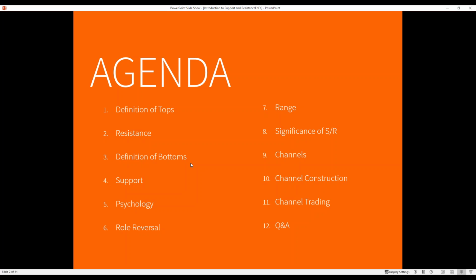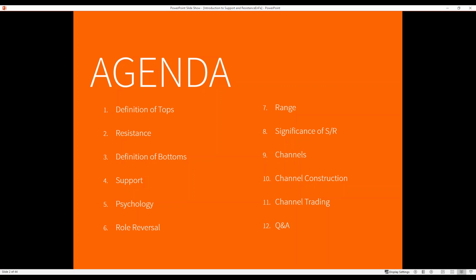Let's go through the agenda for today. A lot of people ask me how to identify a top and a bottom. And this is what we're going to do today. We're going to define tops and bottoms.